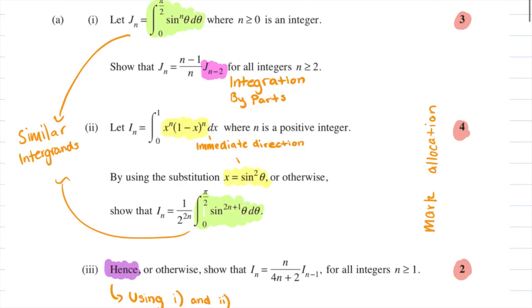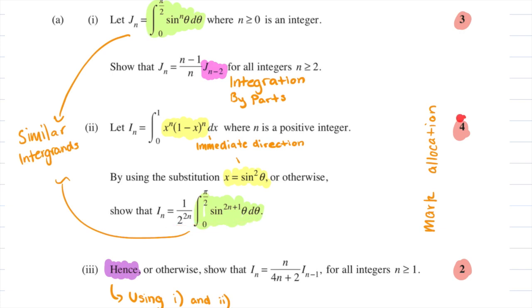For part 2, we're given the expression of I n is equal to the integral between 0 and 1 of x to the n times the quantity 1 minus x all to the n, where n is still a positive integer. We're asked to use the substitution of x equals sine squared theta, or otherwise, to show that I n is equal to this expression here.